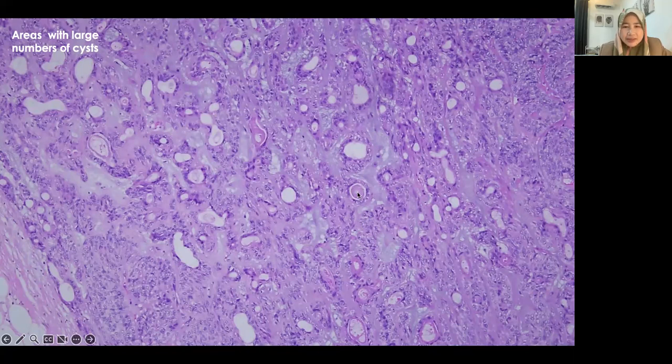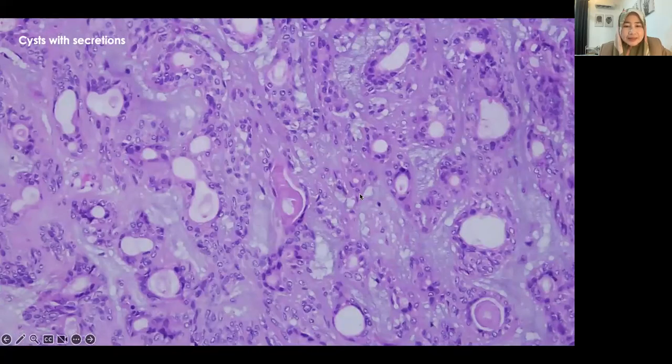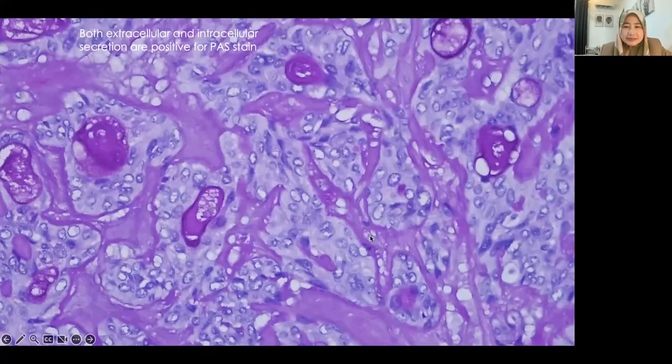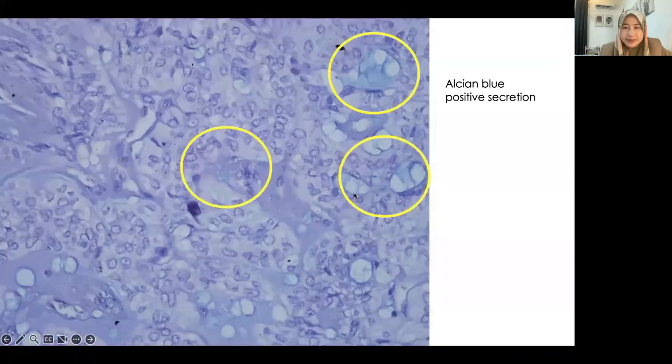The cysts contain secretion, and some of the secretion is thickened and eosinophilic. This highlights the cysts with the secretions. Then we proceed with the PAS stain, and we found that both extracellular and intracellular secretions are positive for PAS. We also proceed with Alcian blue, showing positivity within the secretion.